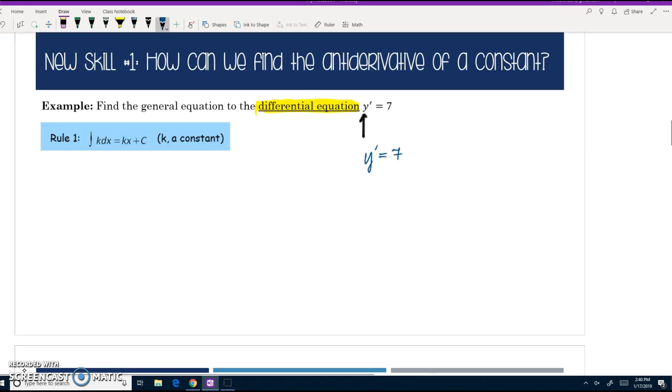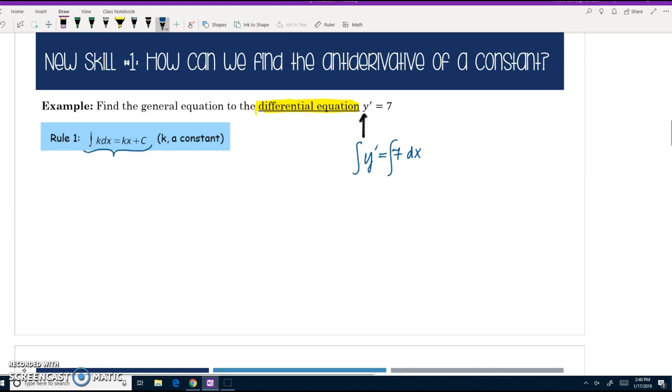So in order to undo that derivative piece, we go ahead and just use this long S sign, which means take that function's integral or reverse the derivative process. So anytime you have a constant and you work backwards with integration, you're going to end up with a linear function. So that's what this rule says.